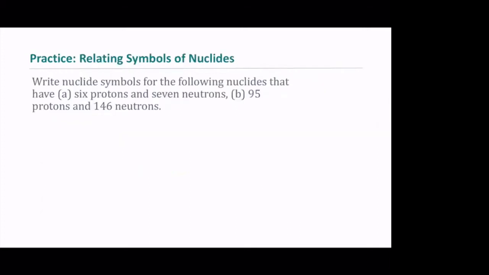Let's practice here. Write nuclide symbols for the following nuclides: A, 6 protons and 7 neutrons, and then B, 95 protons and 146 neutrons. Do that real quick.